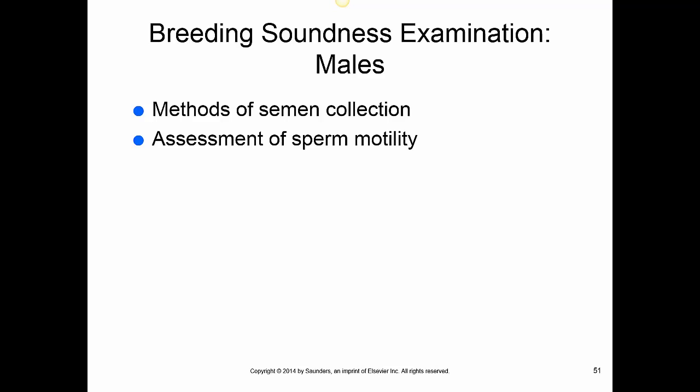There's several different ways that we can get this. We also use collection bottles a lot of times with bulls, but with bulls we actually have these machines that are called electroejaculators that actually stimulate their accessory sex glands and cause them to ejaculate. So there's some variation on how we collect the samples.